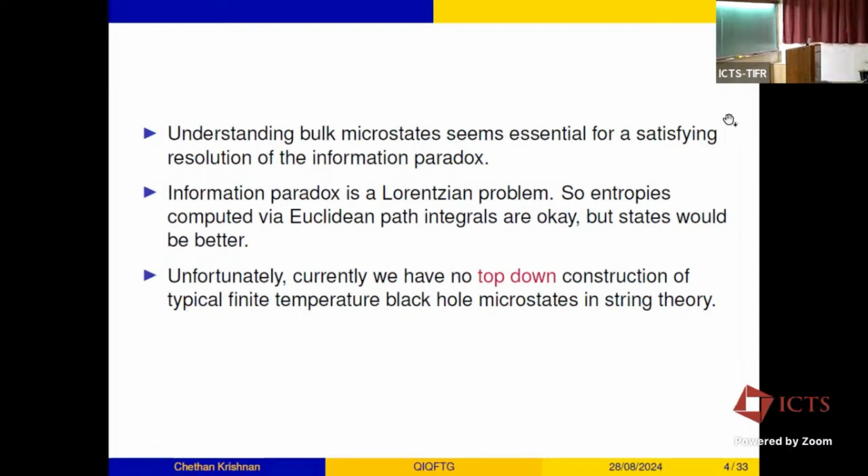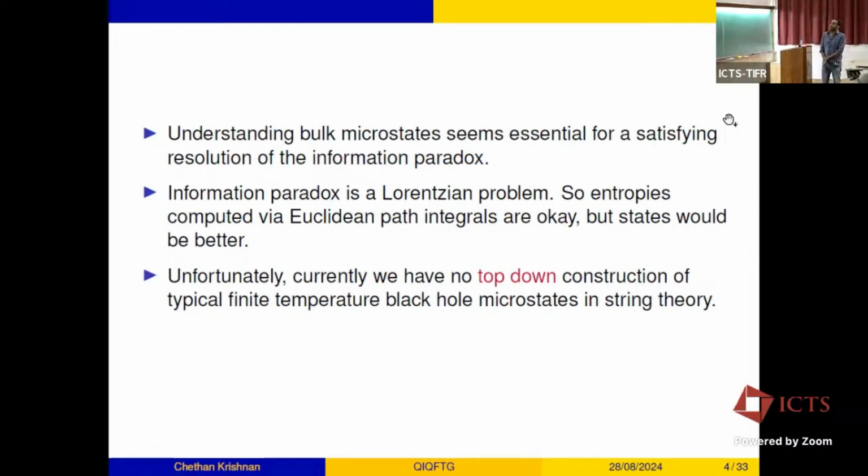So we would like to not just answer it in terms of Euclidean path integrals and amplitudes, or at least if you're thinking about entanglement entropies and so on, it's combinations of matrix elements and such. Instead, we would like to really understand it in terms of some Hilbert space states, very roughly speaking. That's the sense in which we would like to understand microstates, and it's probably necessary to have a fully satisfying understanding of the information paradox.